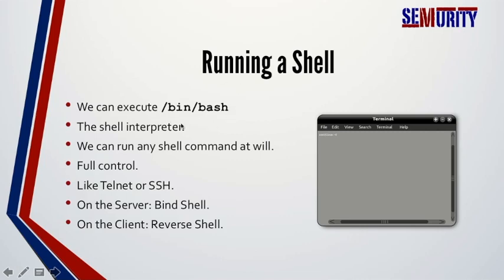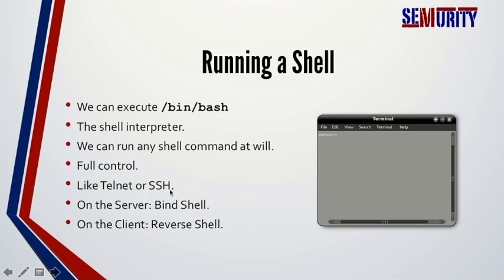So instead of executing a certain script or a command like ls or cat or echo, I simply will trigger Netcat to execute /bin/bash, and I will have access to all the commands that are available. The way this interactive shell looks is similar to how you would telnet or SSH to a machine.